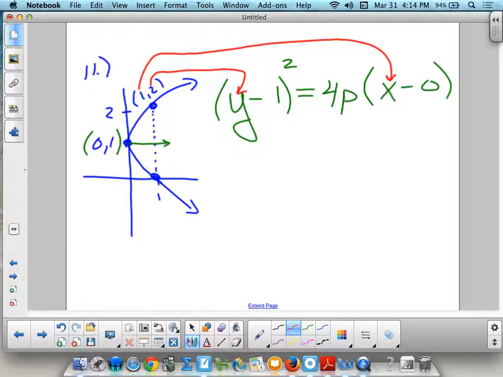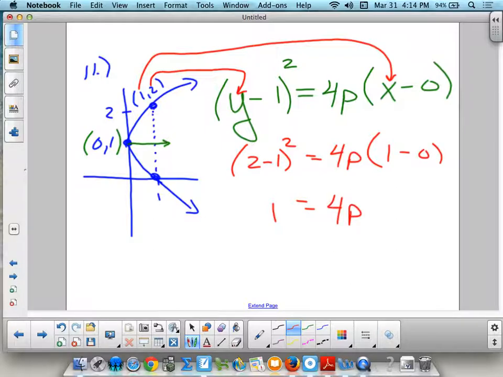You get 2 take away 1, squared, equals 4p times 1 minus 0, which is 1 times 4. 4p, so p is 1/4. Aha. So I go about that far. There's the focus. P is 1/4. But you still have to write the equation.